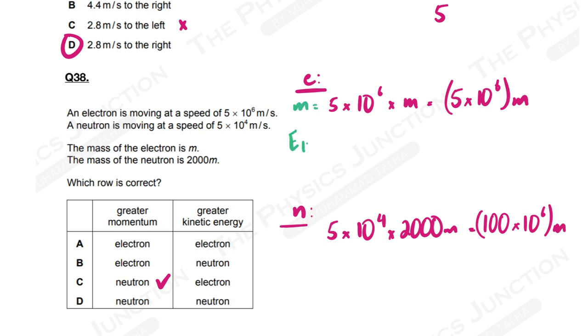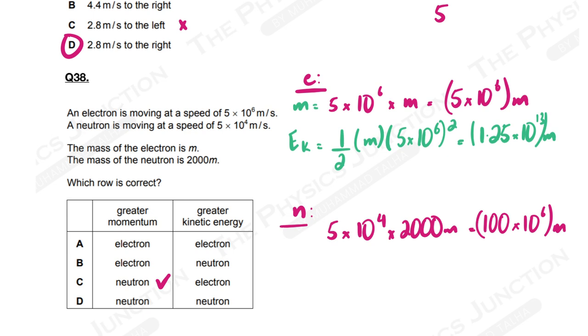With kinetic energy, I would say half mv squared. So half m, and v squared is 5 into 10 to the 6 squared, right? So when I solve for this, 5 into 10 to the 6, squaring this, dividing by 2 is 1.25 into 10 to the 13 m. If I do the same, okay, why did I just write m? This is supposed to be p for momentum.